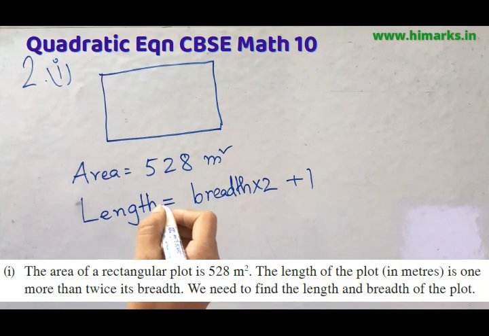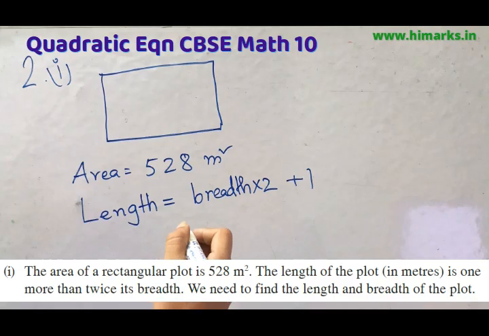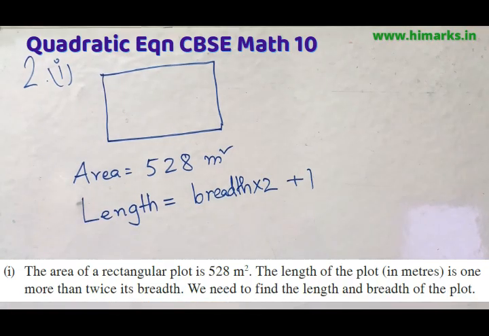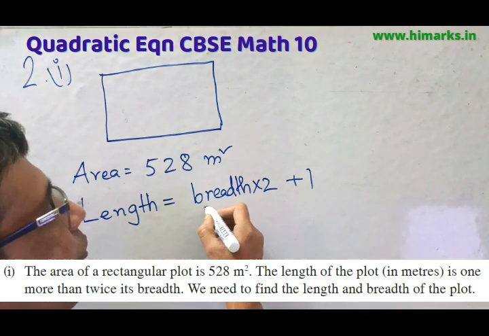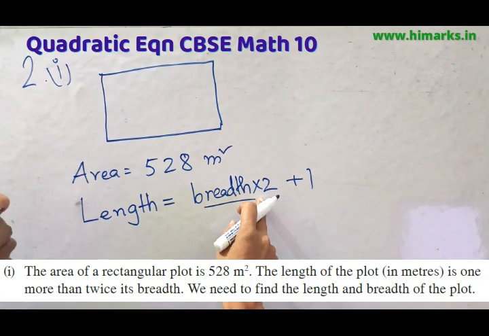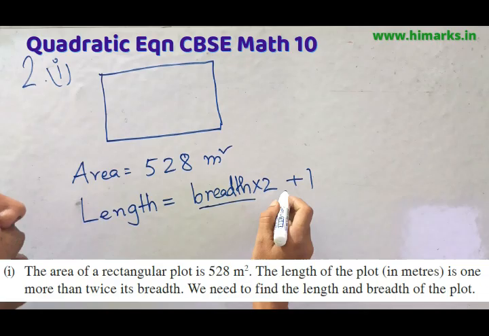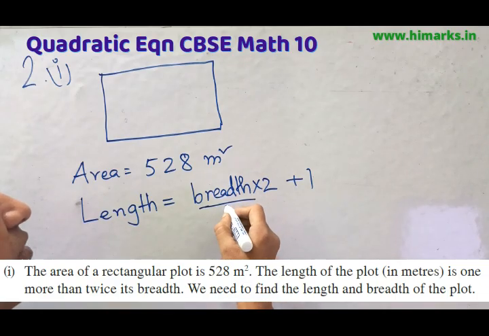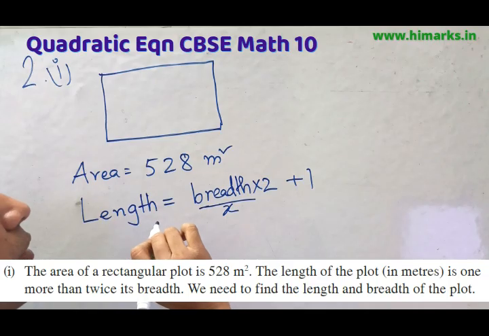Understood? So how to design? Okay. So in this case, you see that which one is smaller? Breadth is smaller. So here, see that breadth is a smaller term, length is bigger, because length is double the breadth plus 1, that is given. So whichever is smaller, that you consider as x. Okay, whichever is smaller.